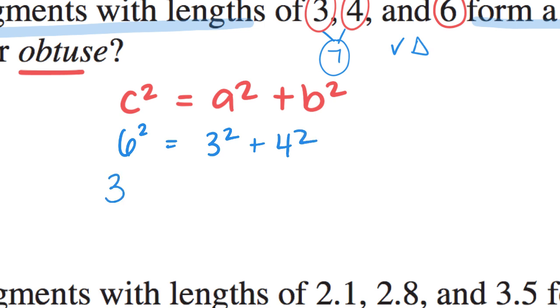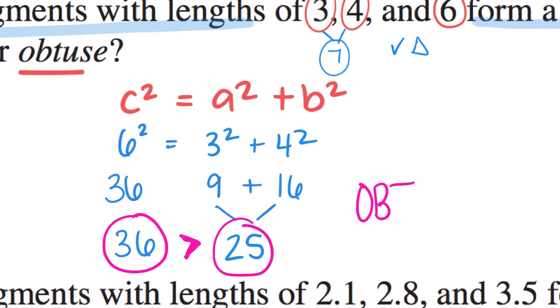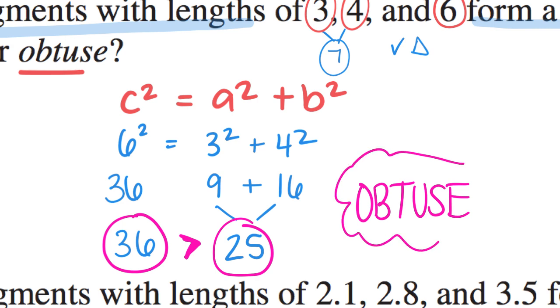And this is going to give us 36 over here. 3 squared is 9. 4 squared is 16. And then if we add these together, that would give us 25. So if I compare my numbers, 36 is bigger than 25. That means that this is an obtuse triangle. And that's because c squared was bigger.